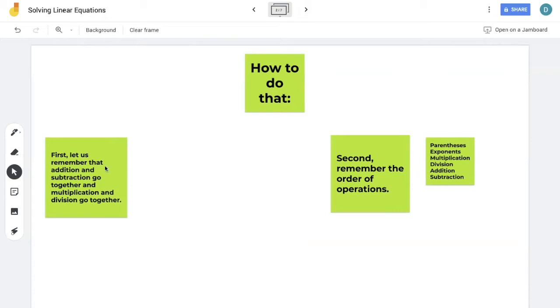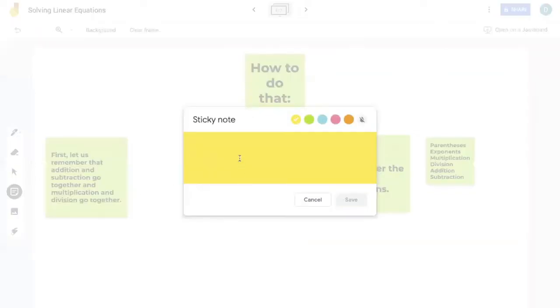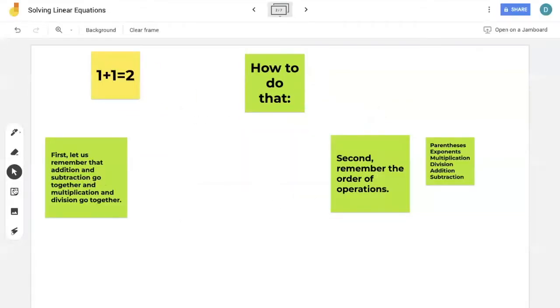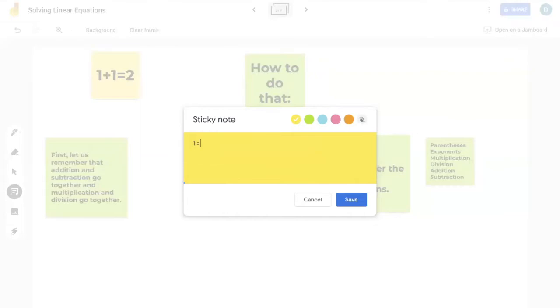First, we have to remember that addition and subtraction go together, and multiplication and division go together. Now, what does that mean? Well, if we take 1, for example, and add 1 to it, 1 plus 1 equals 2, right? That makes sense. 1 minus 1 equals 0.